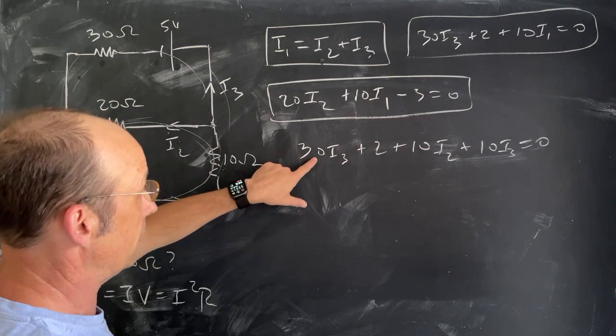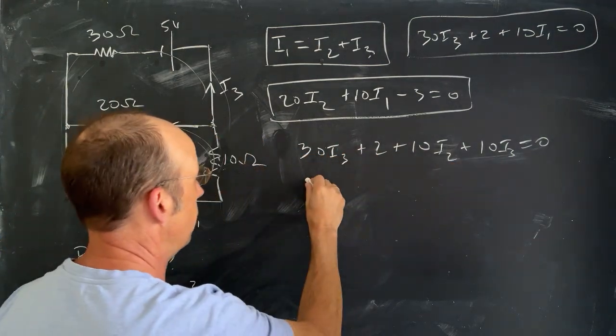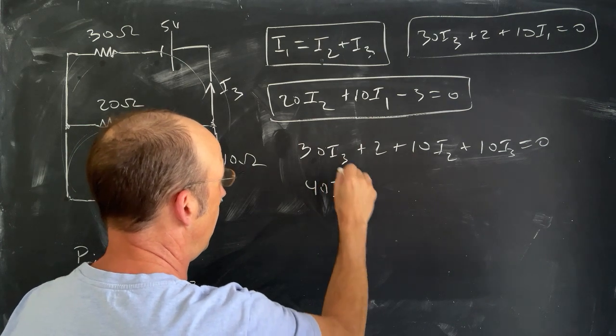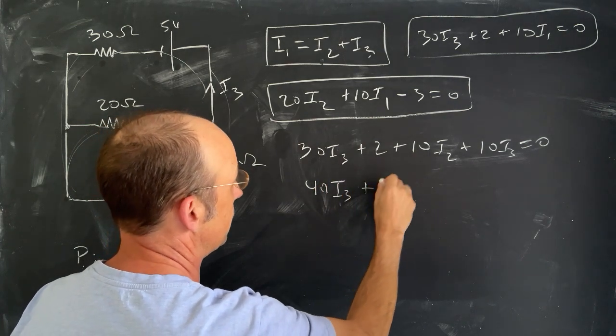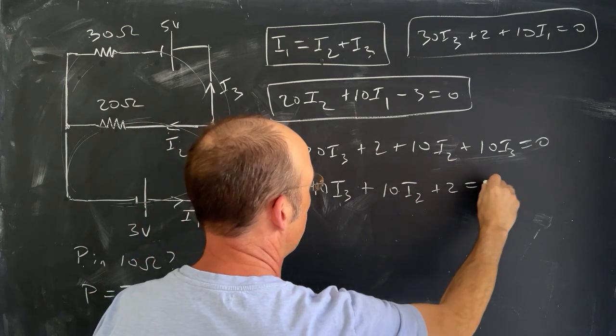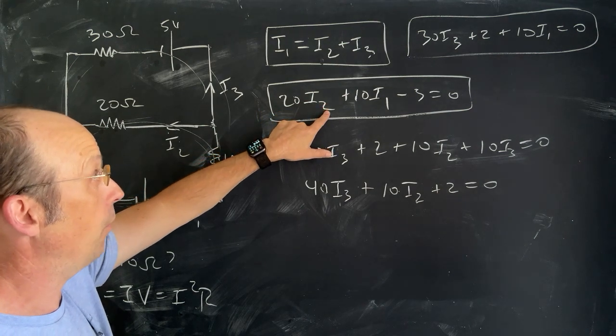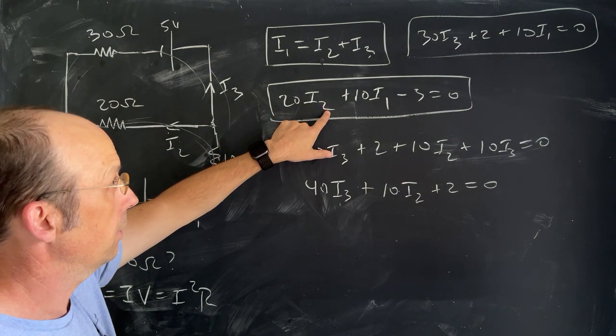Now let's simplify, because I have the 30 I3 and a 10 I3. I can combine those two together. I get 40 I3 plus, I'm going to switch the order, plus 10 I2 plus 2 equals 0. Now I'm going to take that same I1 equation and plug it in here.